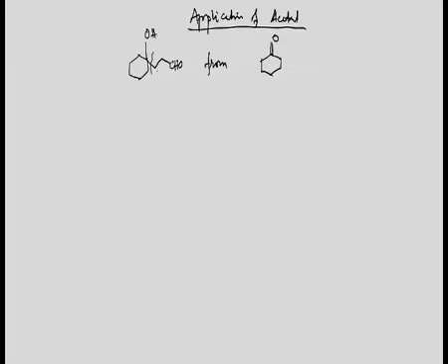If you disconnect here, you need a nucleophile and this is the electrophile, and you can start from this bromo compound, because you need a nucleophile here, and the obvious choice is the Grignard. If you react this with magnesium, then the aldehyde will react. So first you have to protect this aldehyde group.